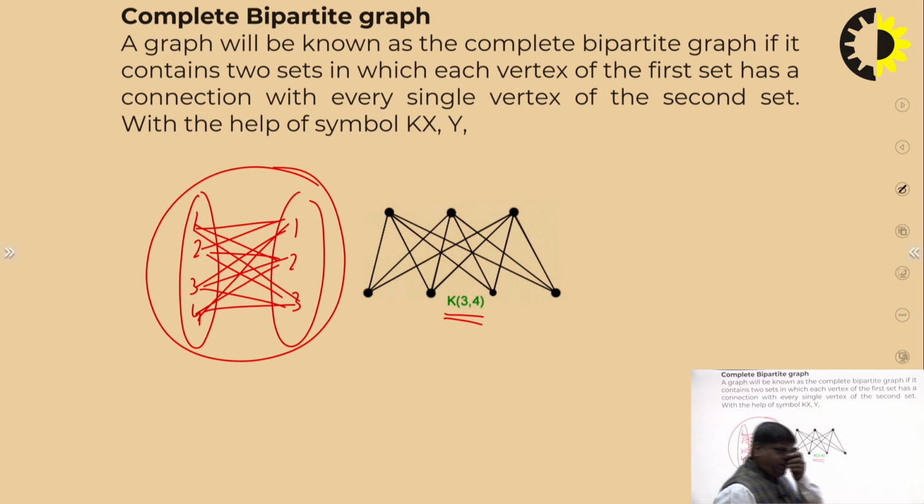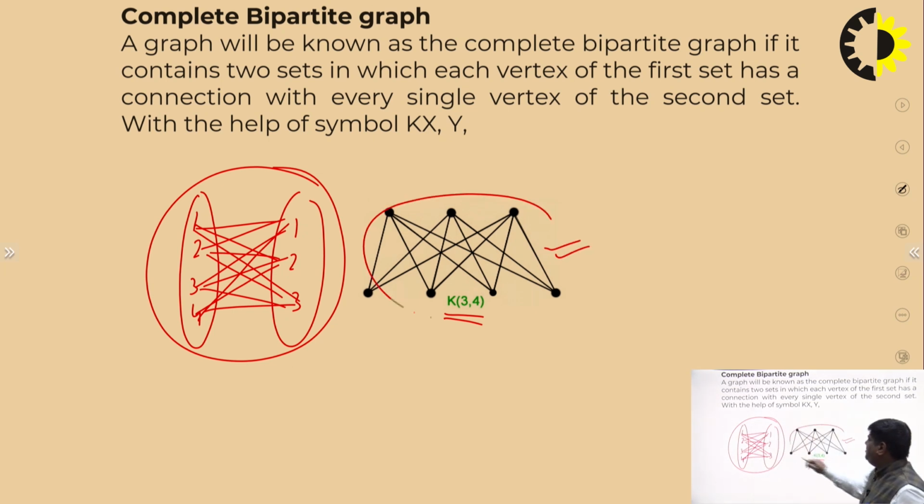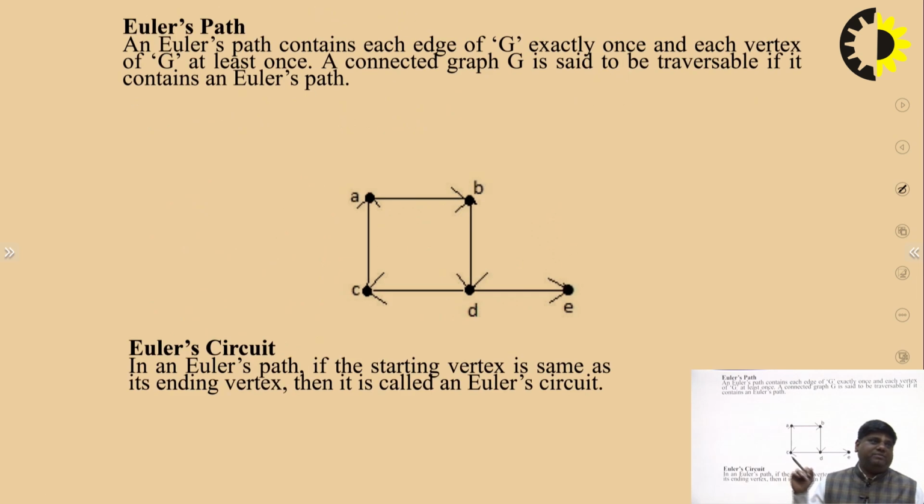That type of graph, this graph and this graph are simple. Here is a very complicated one, but here is an easy one. So this graph is known as the complete bipartite graph, and we apply the same logic to this graph, that the degree of every node is the same. Now the very important topic, Euler graph and Euler circuit, Hamiltonian graph and Hamiltonian circuit, we will discuss in the next lecture.